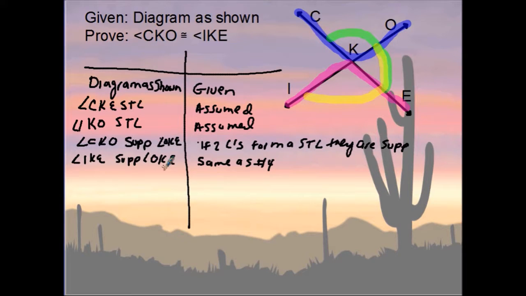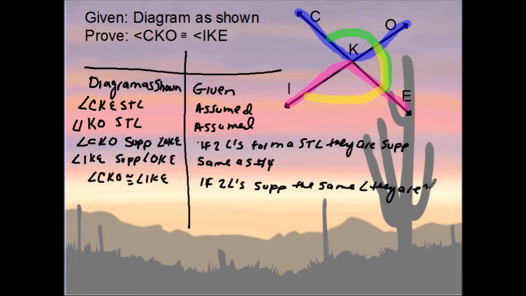One of our theorems says that if we have that happening, we can say that angle CKO is congruent to angle IKE. Do you remember what that theorem said? It said if two angles are supplementary to the same angle, they are congruent.